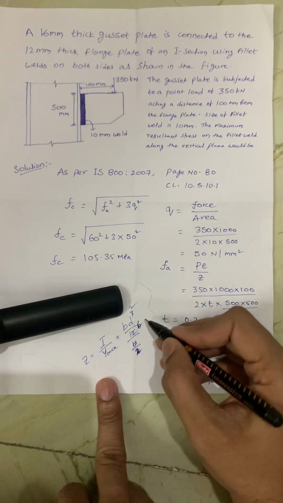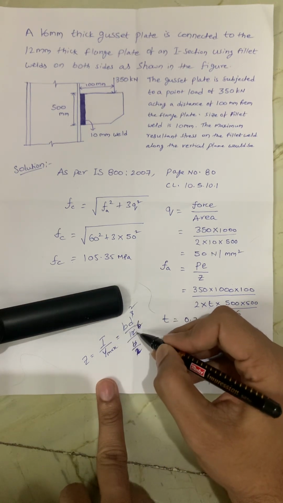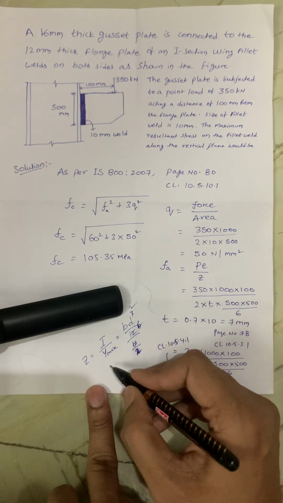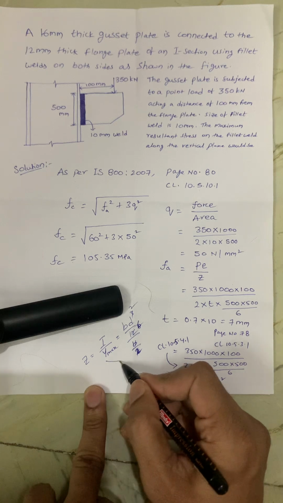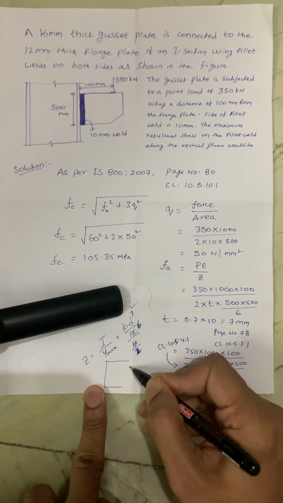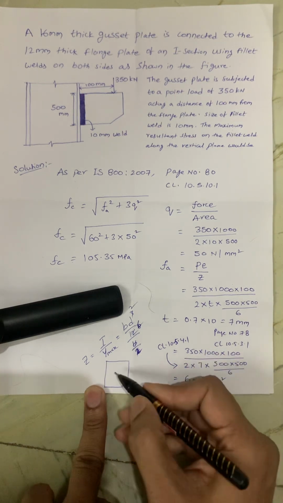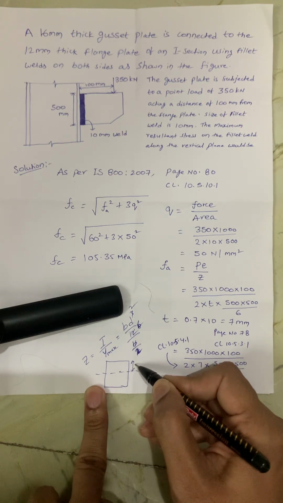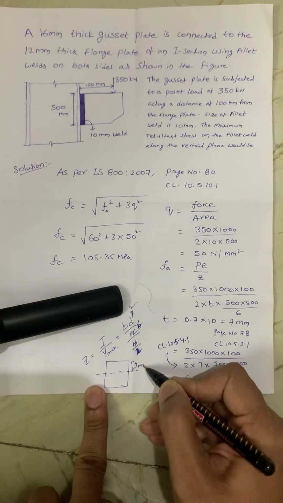So I is nothing but moment of inertia, BD cube by 12, and Y max is nothing but, for example, this is a rectangle and this is the neutral axis. From here to here it is Y max.